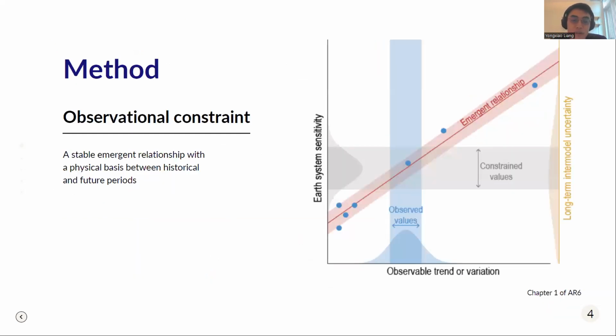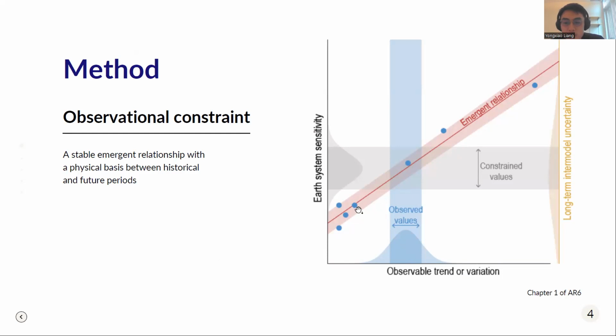The method called observational constraint relies on a stable emergent relationship between a historical metric and the projected variable. The projected variable here is the regional warming. As shown in this schematic plot, if we have a historical metric that can better explain the projected variable, then we can get a tight emergent relationship.